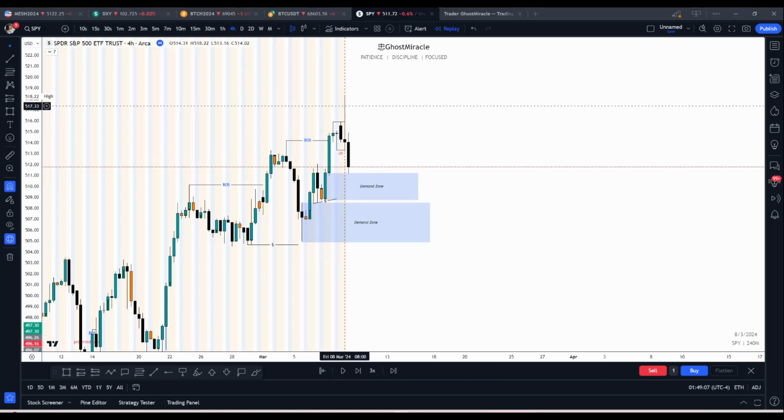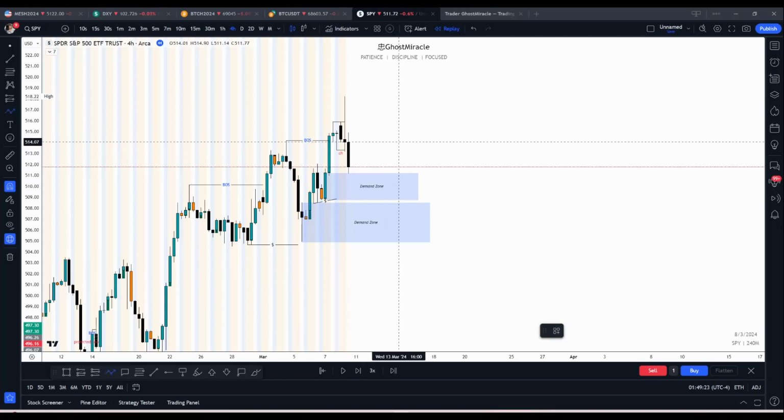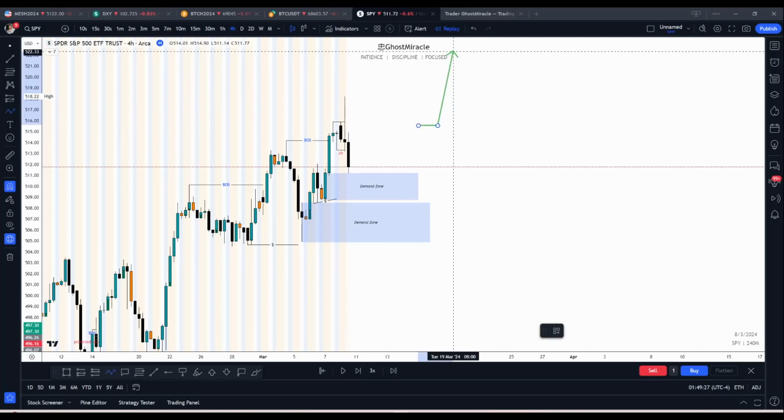Which is technically correct because you had high, low, high. Because price technically opened, went up, shot back down all the way down here, and then went back up. So it looked kind of like this.